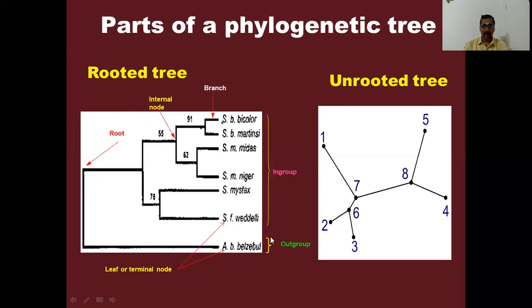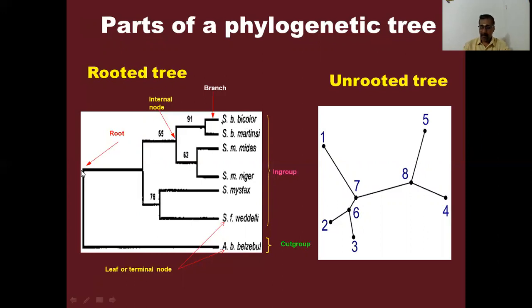Here a mix of Saccharomyces species were clustered. The Saccharomyces species mentioned here will be termed leaves or terminal nodes. So a phylogenetic tree will have the following parts.